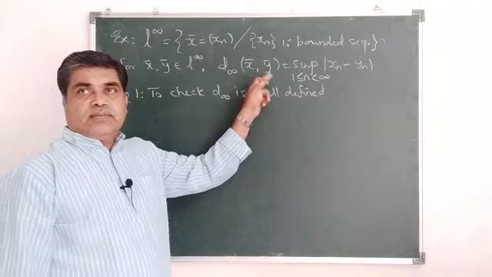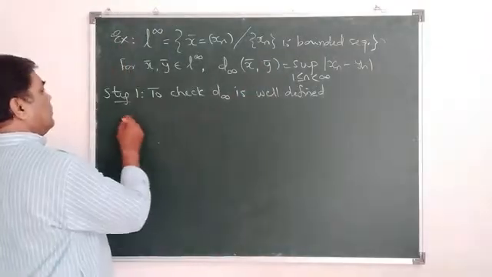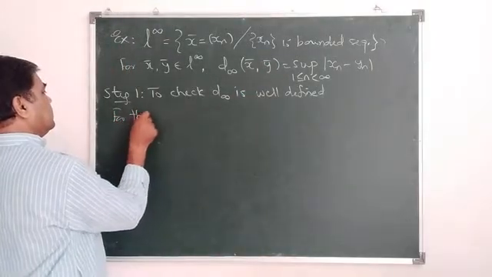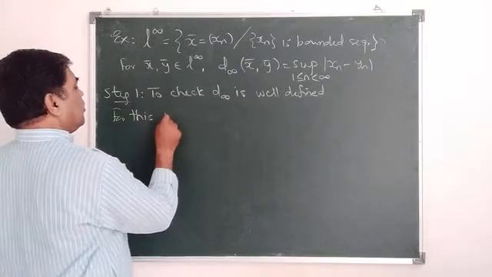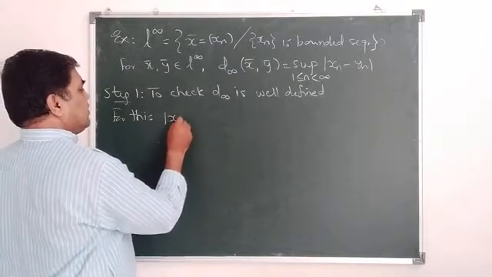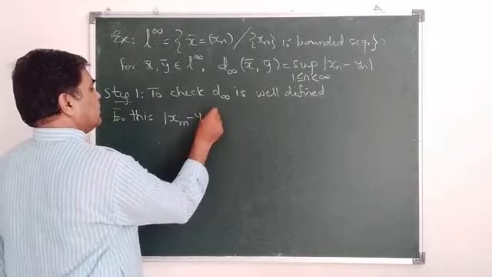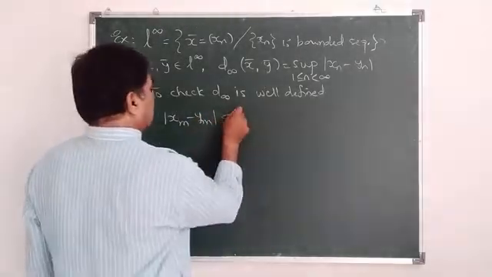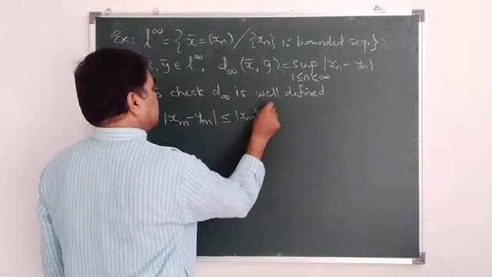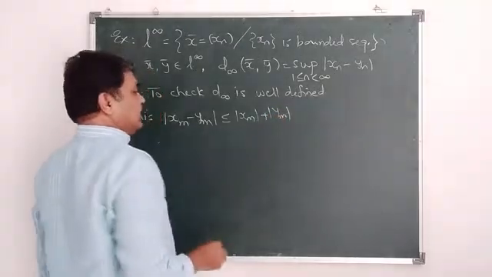For this, mod of xm minus ym is less equal mod xm plus mod ym by triangle inequality.